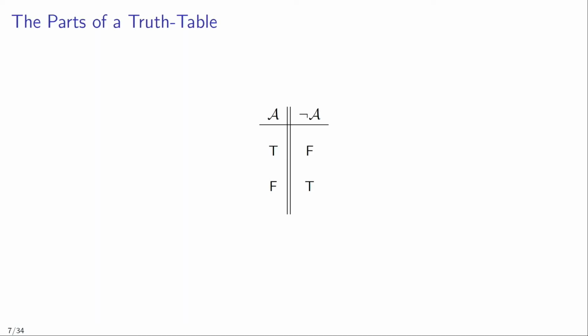Let's talk about the parts of a truth table in general terms. So you can see that this truth table has two main columns, one column to the left and one column to the right. The column to the left we call the reference column. The column to the right we call the assessment column.